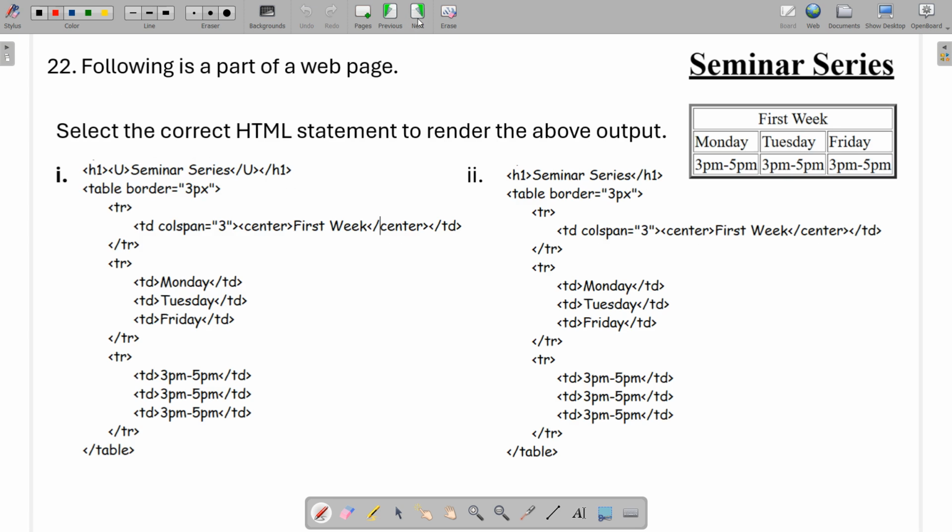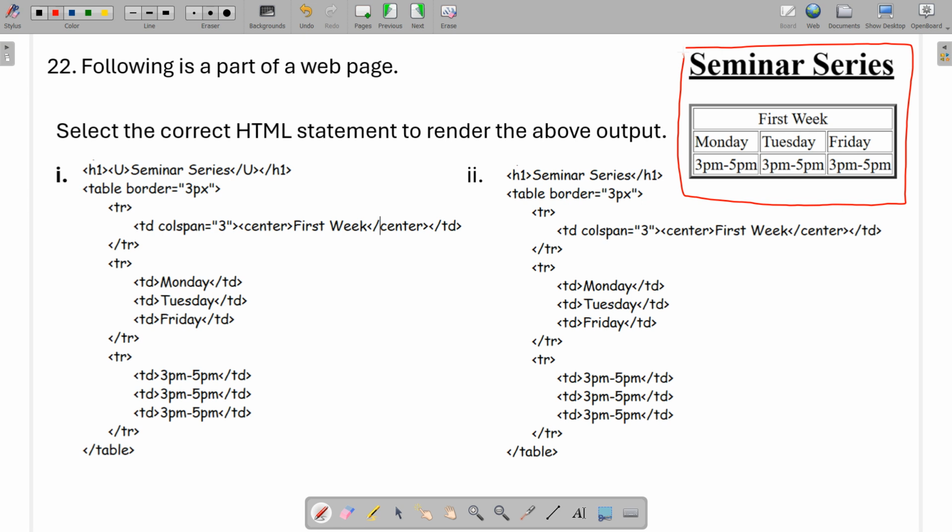So 22nd is about the HTML output. This is the HTML output, and they are asking what should be the correct statement. Out of 4 answers, I have taken 2 answers, because the screen is enough for that.